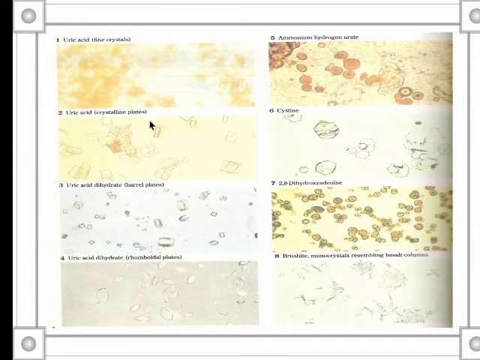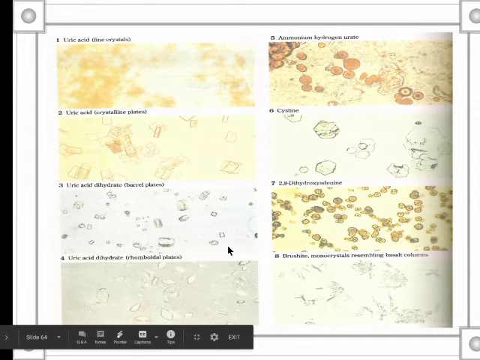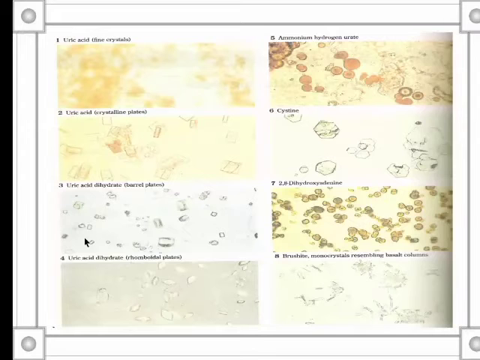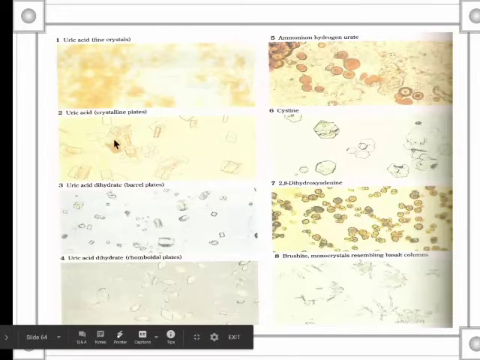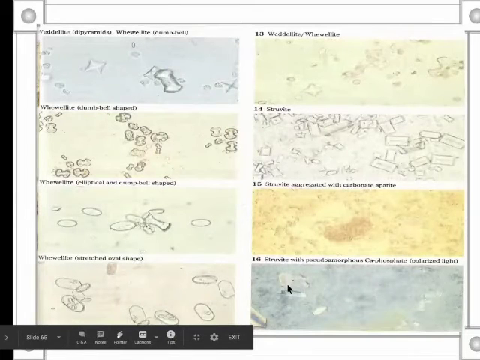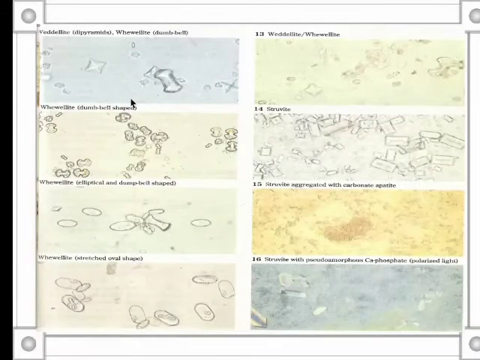So these are various findings on microscopy examination. I told you earlier how they look. On examination, there are rhomboid plates in uric acid stones, barrel shaped, and these are stones which can be diagnosed by the pathologist who is examining this.